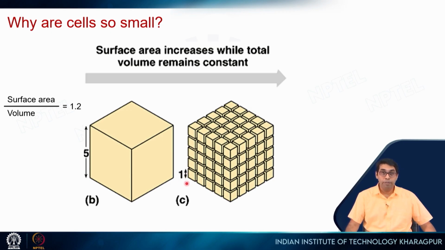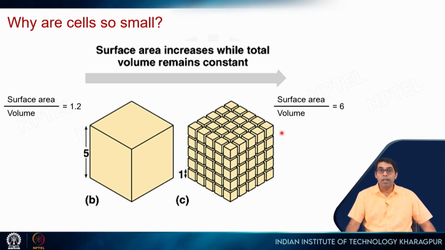So, 6 by 1 is 6, right, and then you have the same 125 number of cubes. So, you multiply and divide by 125, so it remains as 6. So, for this, the surface area to volume becomes 6, right. So, this is 5 times of this. For the same material, we have increased the surface area to the volume ratio by 5-fold, right.